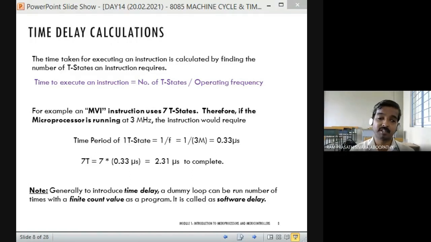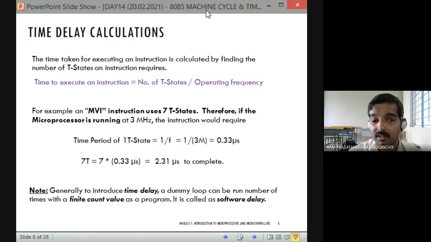There is no use of that particular program, no meaningful operation is performed in it. Simply it is going to execute the loop. The loop doesn't contain any operation to perform. Such a thing we call software delay. Using hardware we can also generate delay. For that we need a timer module.